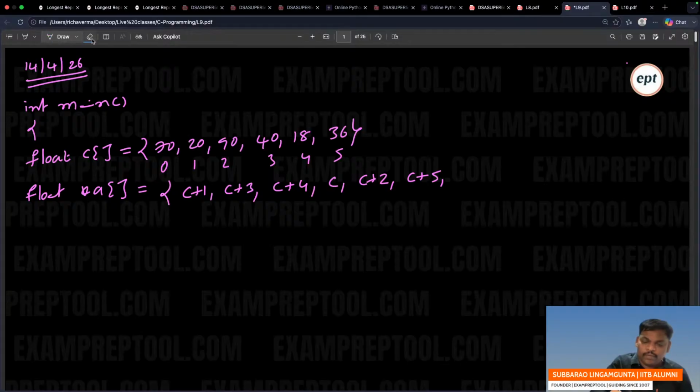Yeah, I think all 5 are done. 4 also done, 3 also done, 2 also done, 1 also done. Yes, perfect.